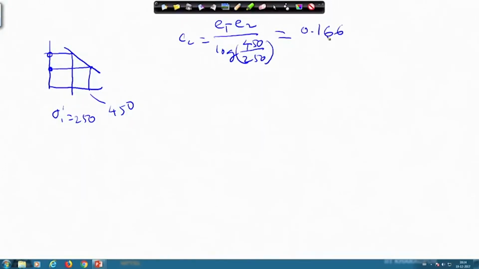Now, another condition is there. When the pressure is 250, we have to find what the void ratio is. So, the pressure is 250 and 450. Initial void ratio e naught, e naught minus E 1 equals Cc into log of pressure 400 divided by 250.